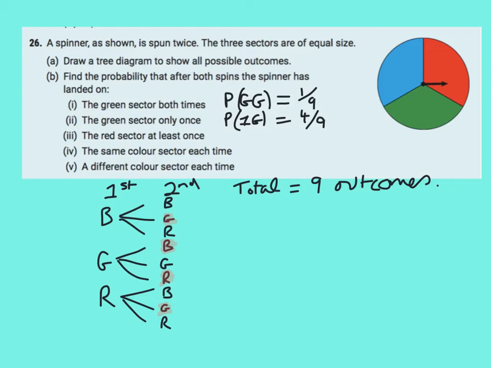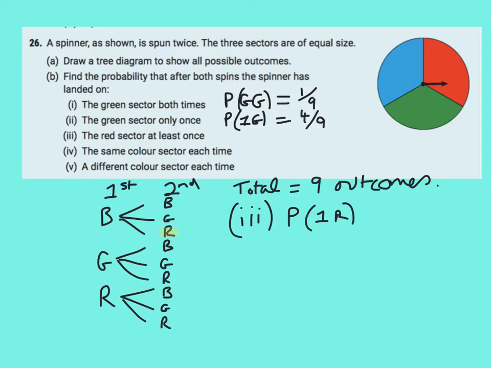Okay, the red sector at least once. So the red sector at least once, I'm just going to write down here, the P of 1R. Now, it's at least once. So let me just take off my highlight here. Let's look at where we are going to find at least 1R. Put on my highlight.